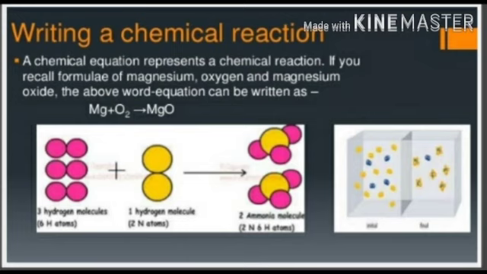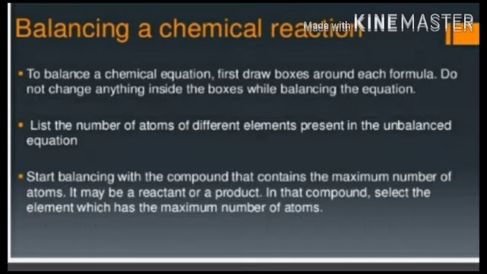How can we balance a chemical equation? Let us see here. To balance a chemical equation, first draw boxes around each formula. Do not change anything inside the boxes while balancing the equation. List the number of atoms of different elements present in the unbalanced equation.